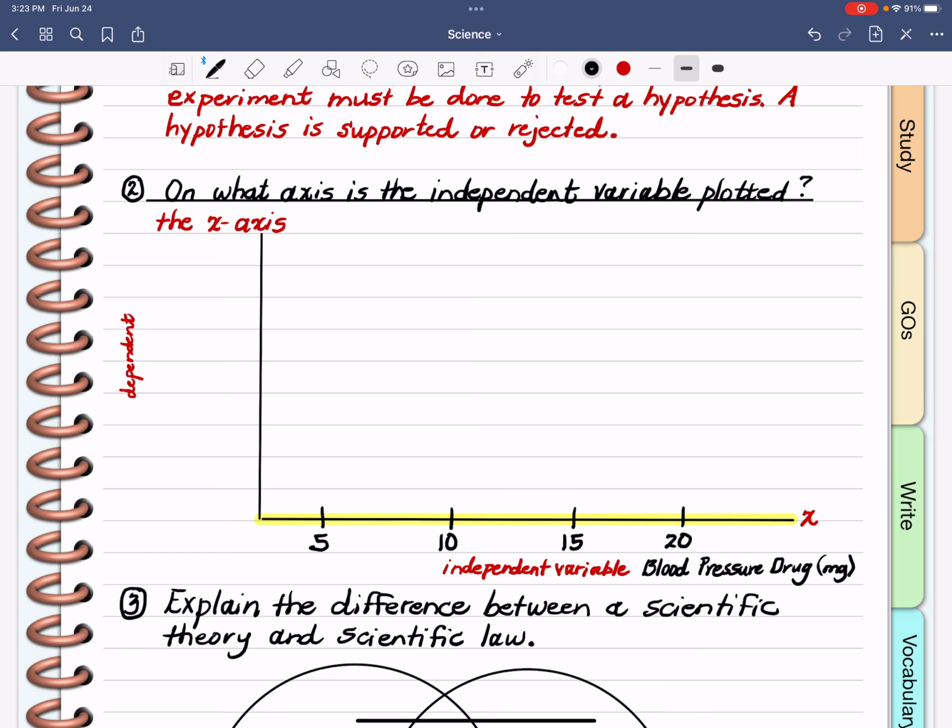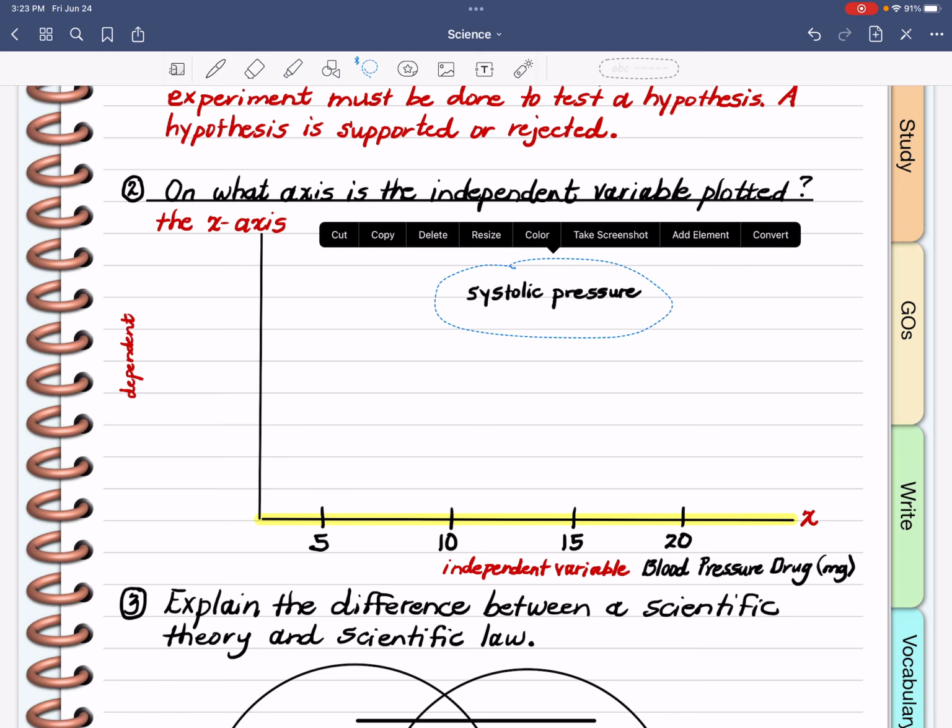So let's look at Sam's blood pressure, and I'm just going to look at the systolic pressure, that top number. Again, do not write this, just close your eyes for a second. I'm going to put the systolic pressure, that's the top blood pressure number. You could even graph both numbers on here if you wanted to.